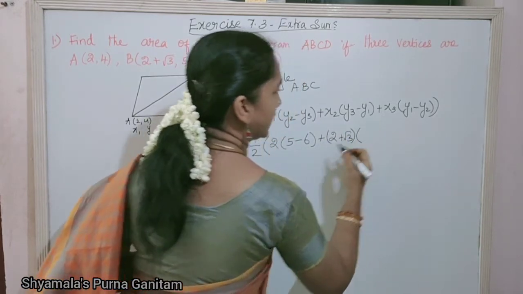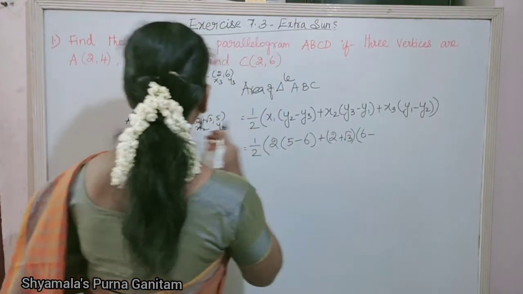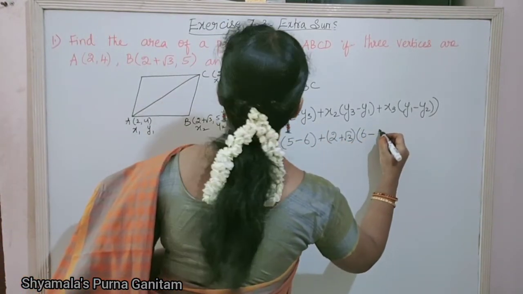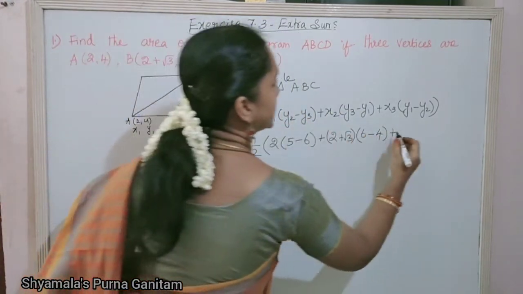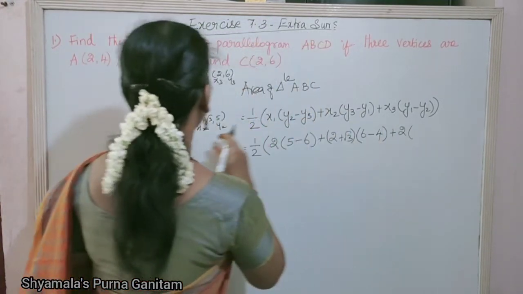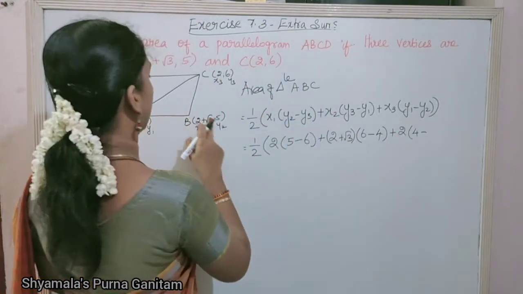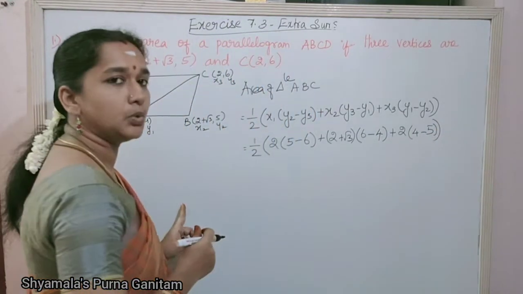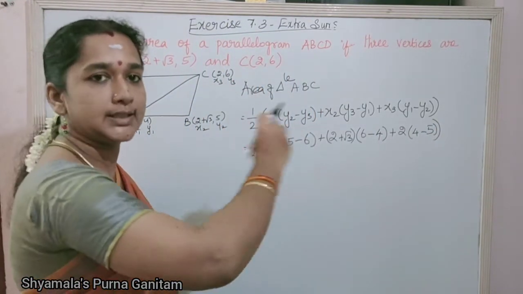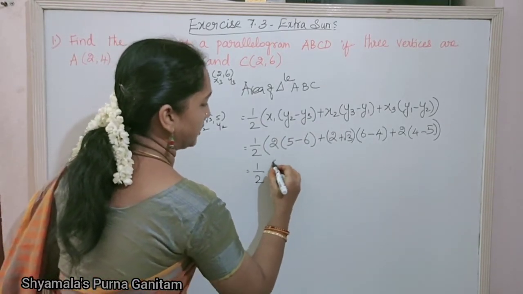Then y3 is 6 minus y1 is 4, plus x3 value is 2, y1 is 4 again minus y2 value is 5. So we have substituted all the 6 values. Now it has to be simplified.